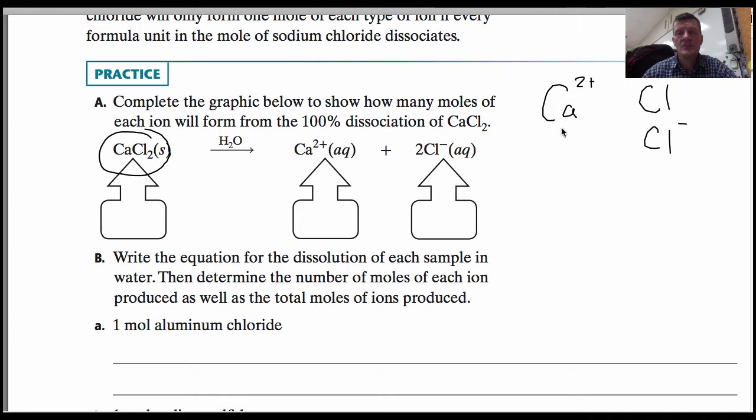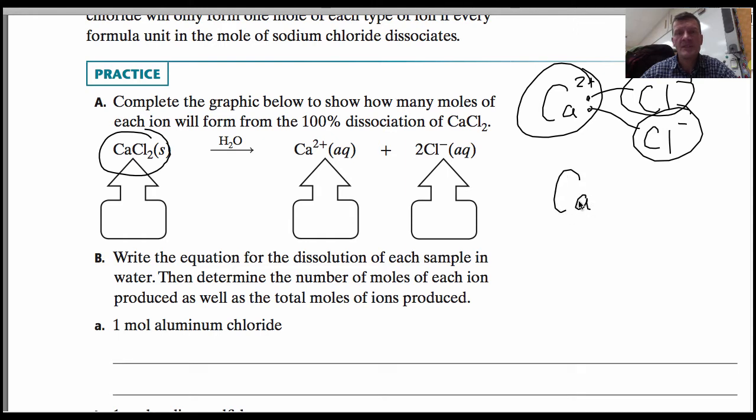So the 2 valence electrons are donated 1 to each of the chlorine atoms to make them ions. The calcium becomes a 2 plus ion, the chlorides become a -1 each because they each gained an electron, and you're going to have 1 calcium ion attracted to 2 chloride ions to make a neutral compound.